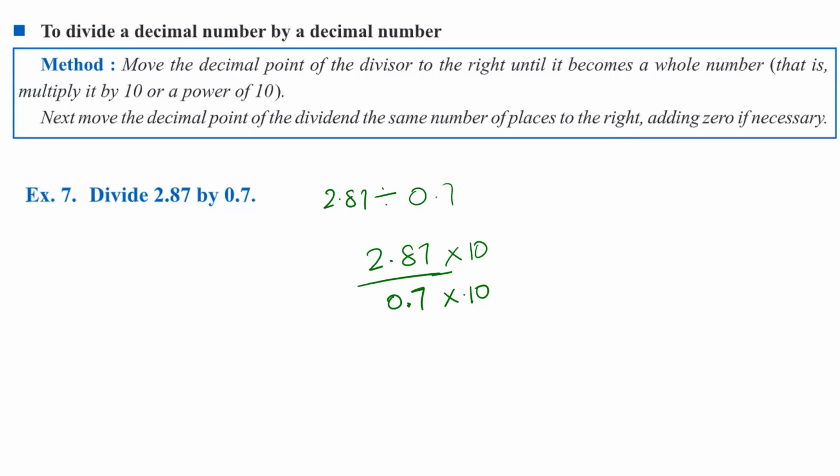Multiplying numerator and denominator by 10 doesn't make any difference, because 10 and 10 cancel. So you can always do that. Now you will get 28.7 by 7, and you can directly go for the long division method.